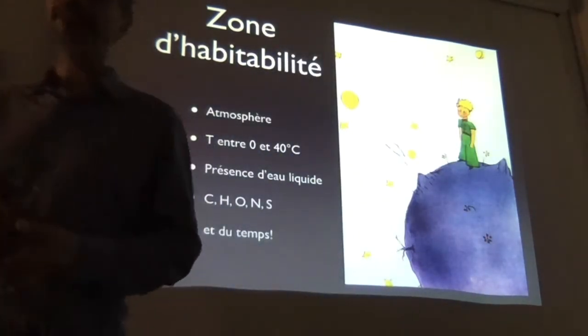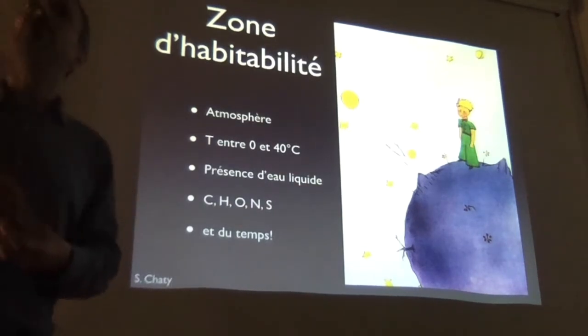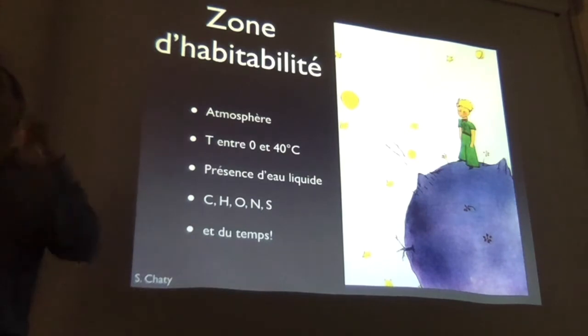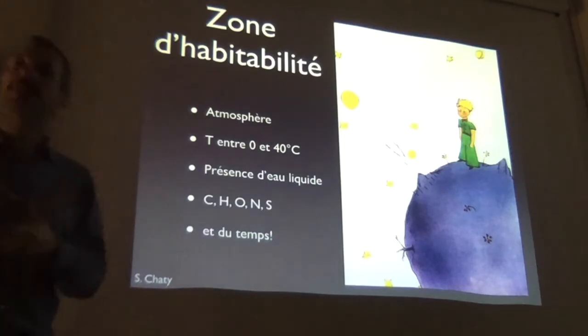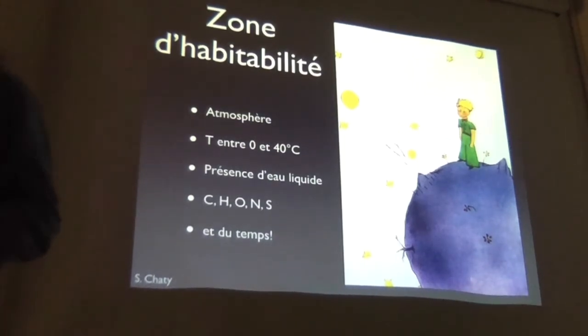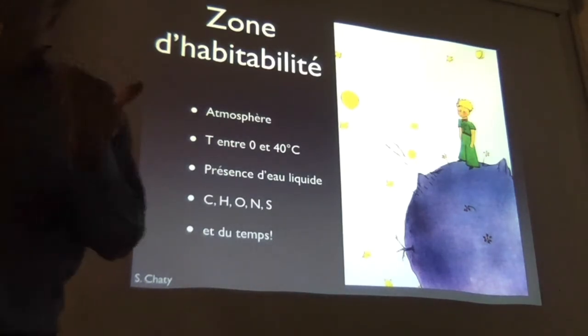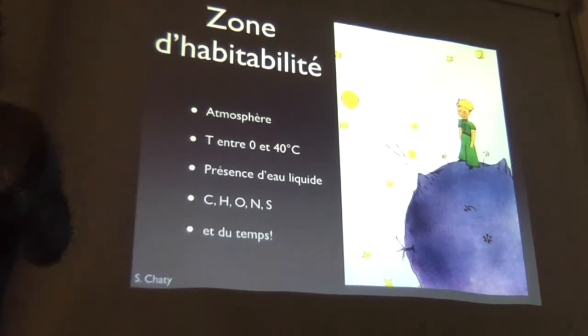We'll try to find carbon monoxide, which is interesting to know the process of making oxygen. For instance, if you have some photosynthesis and things like this, we try to find ozone. O3 is interesting to protect from the UV of the star. So we try to find signatures like this, which can allow life to form.